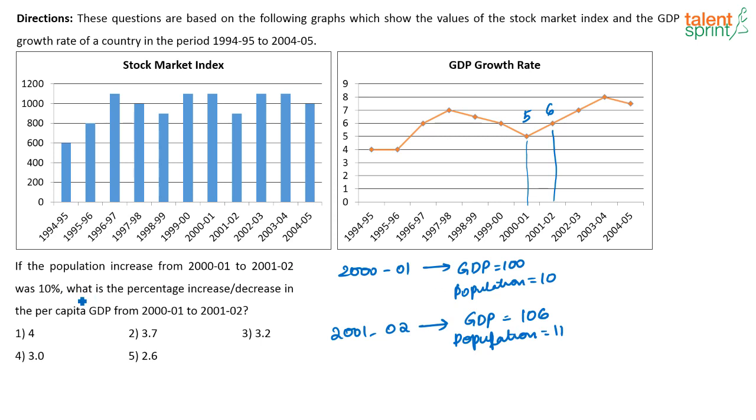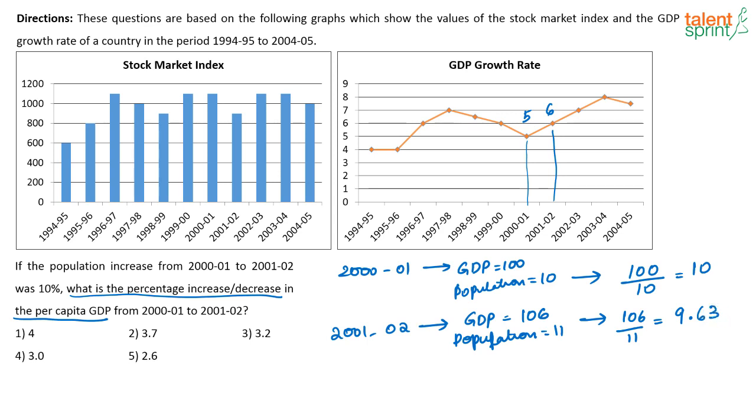Now, what is the question? What is the percentage increase or decrease in per capita GDP? Now what is per capita GDP? I just gave you the definition when we started this question. Per capita GDP is nothing but the GDP divided by the population. So for this year the per capita GDP is 10. And what is the per capita GDP here? 106 divided by 11, which is 9.63.